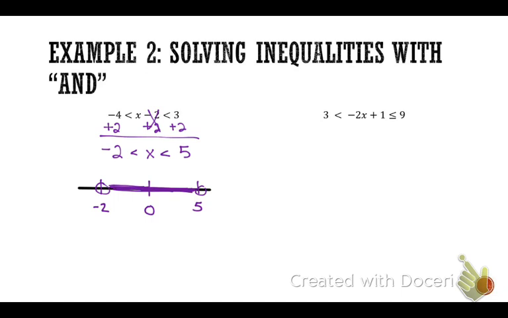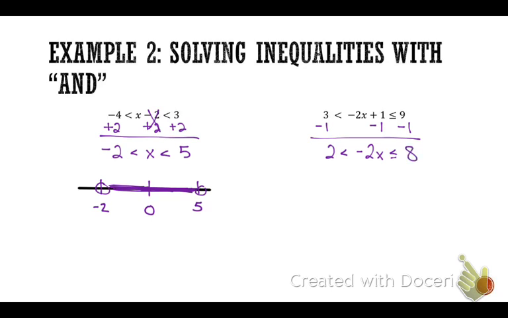Okay? All right, so now let's look at the second one. Hope, what do you think you would do first on this second one? I've got this negative 2x plus 1 in the middle, and I need to get x by itself. What do you think my first step would be? Very good, minus 1. So when I minus 1, I minus 1 from each side, and then I'm going to rewrite my inequality. 2 is less than negative 2x, which is less than or equal to 8.